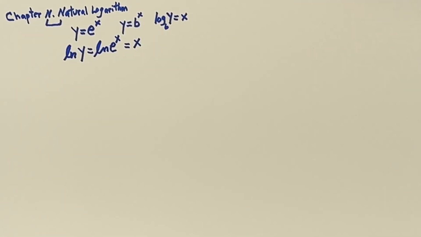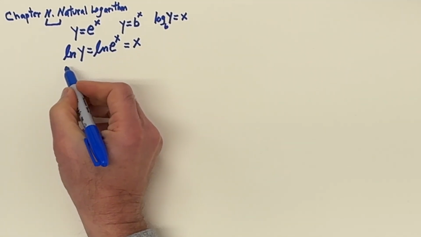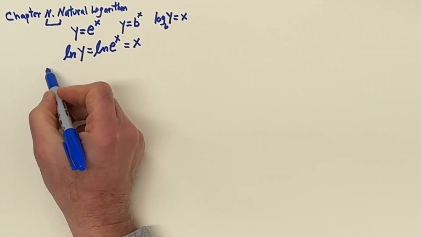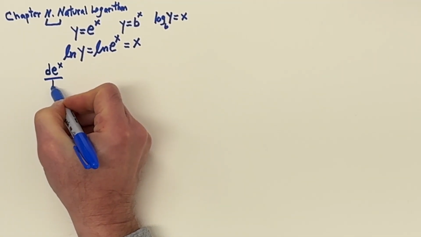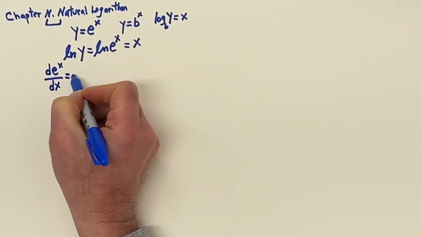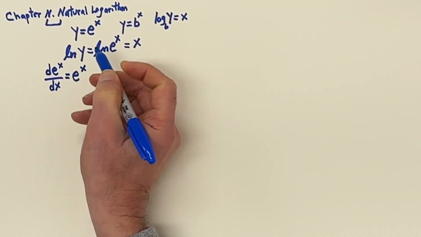All right, so we want to do the derivative. Now we're going to remember from the last class that we know the derivative of e to the x dx is equal to e to the x. We know that from the last class.